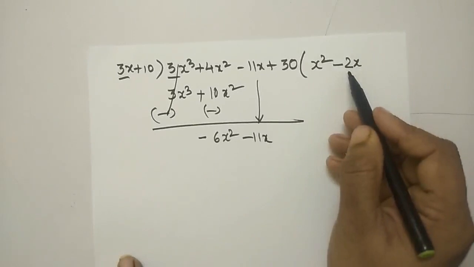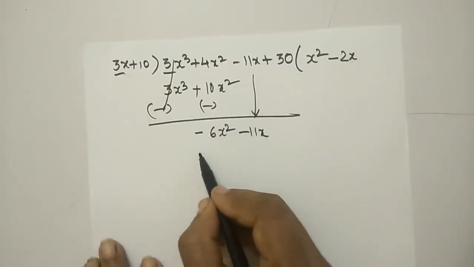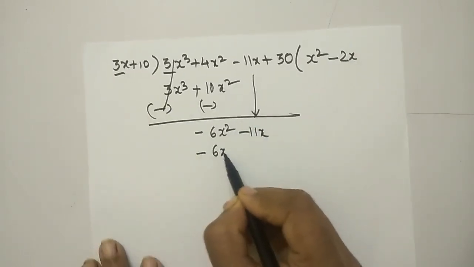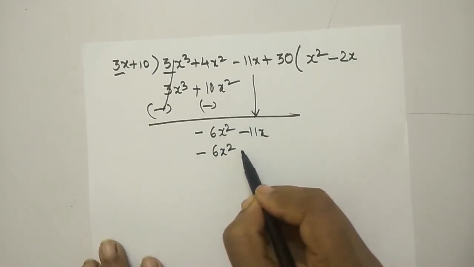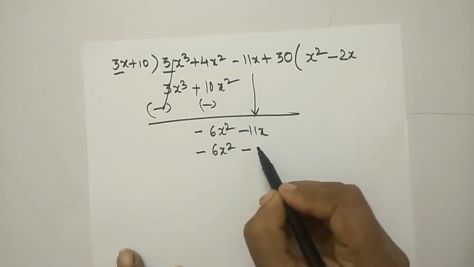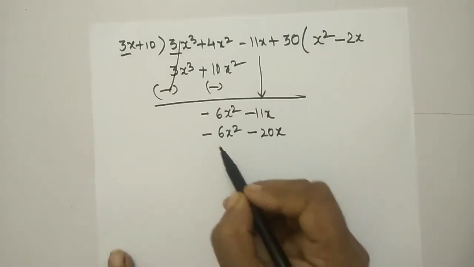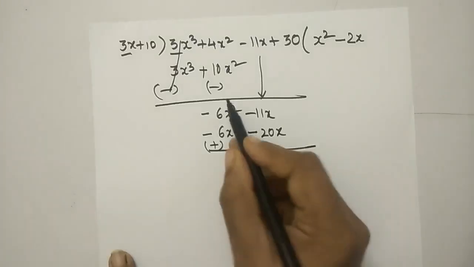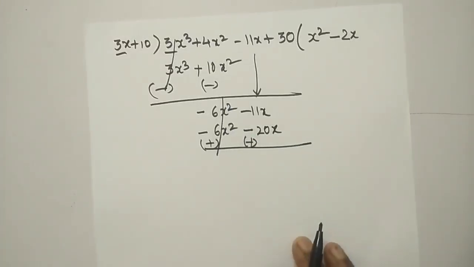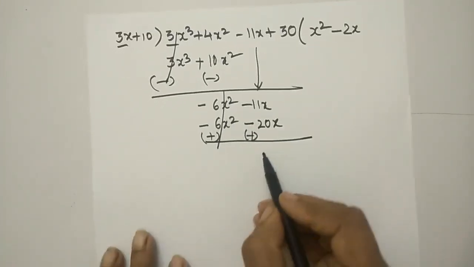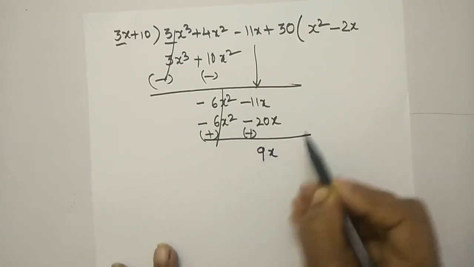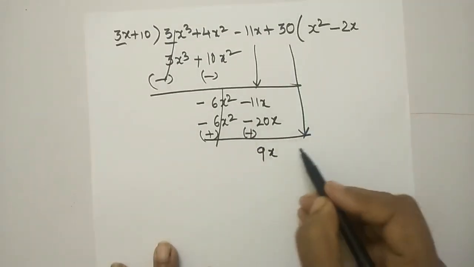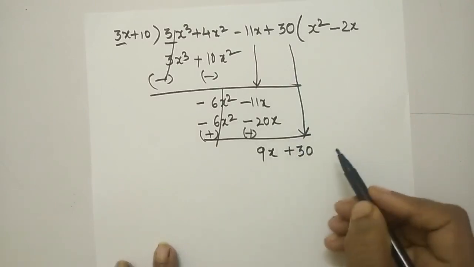Now multiply this minus 2x with whole G of x. You will get minus 6x square, plus into minus is minus, so 20x. Now change the sign. These two get cancelled and you will remain with 9x. Bring this 30 down, plus 30, is it not?